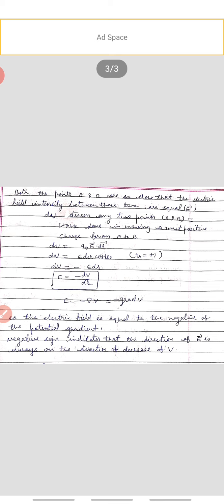So the electric field is equal to the negative of the potential gradient. The negative sign indicates that the direction of E is always in the direction of decrease of V.